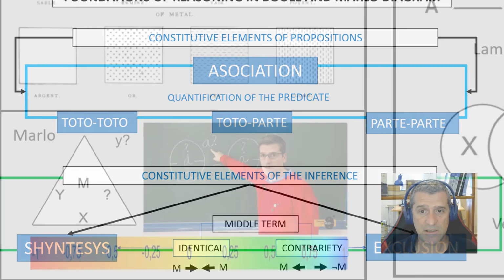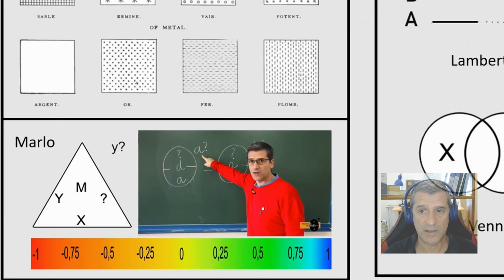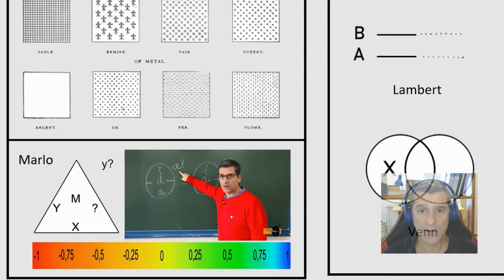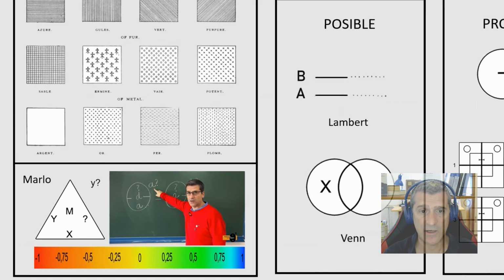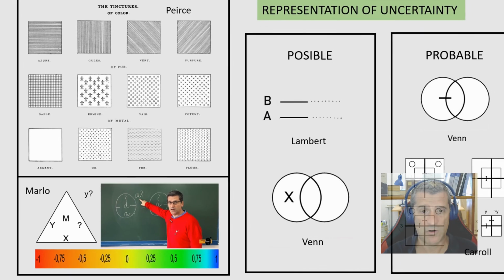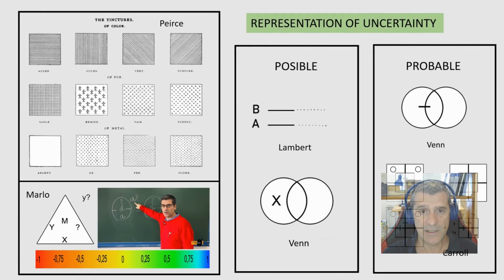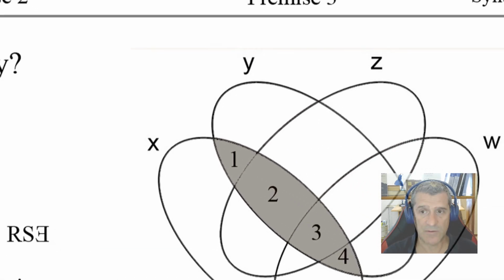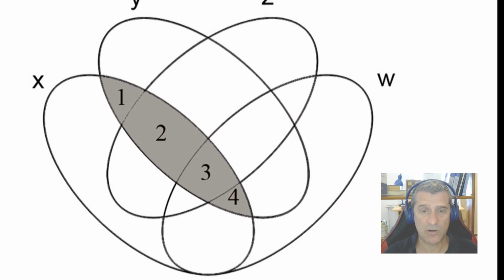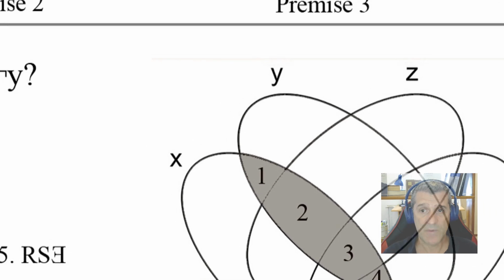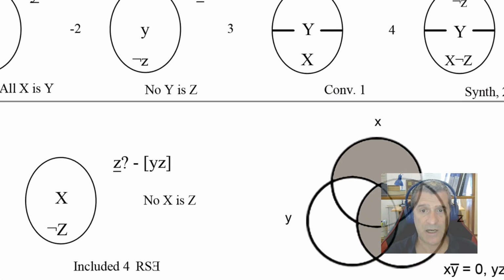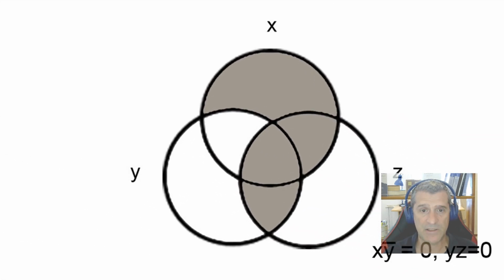Marlo diagrams integrate uncertainty as a natural part of reasoning processes, and they do so in a simpler way than other classic diagrams such as Peirce or Venn. It is important to note that Venn diagrams must exhaustively represent all the possibilities in play, which makes it impossible to represent arguments with more than 5 variables clearly.